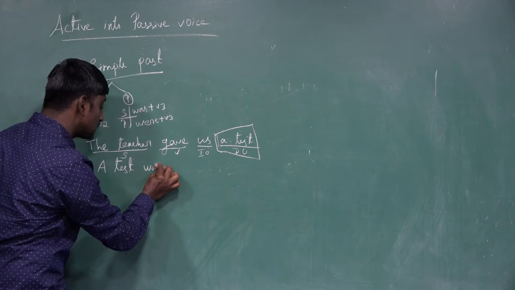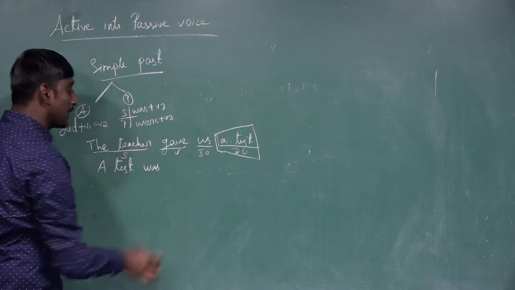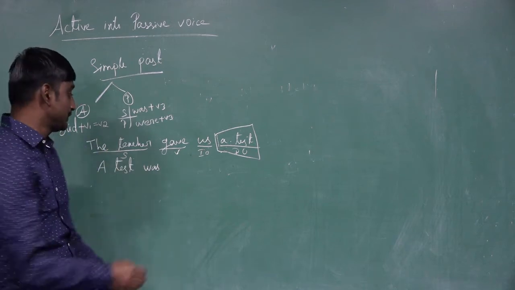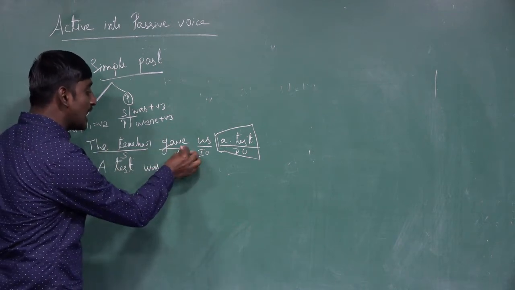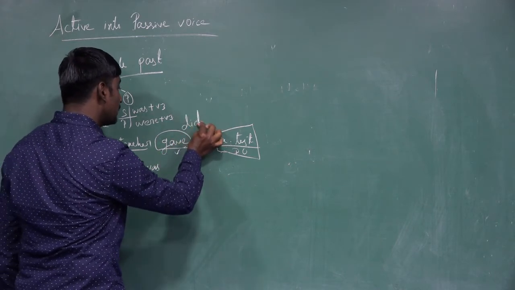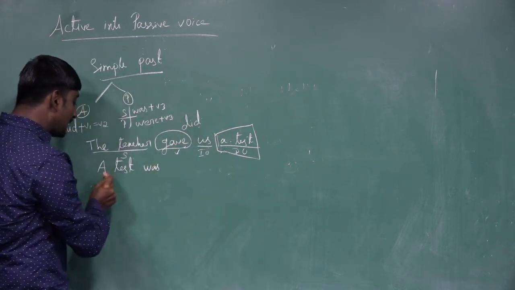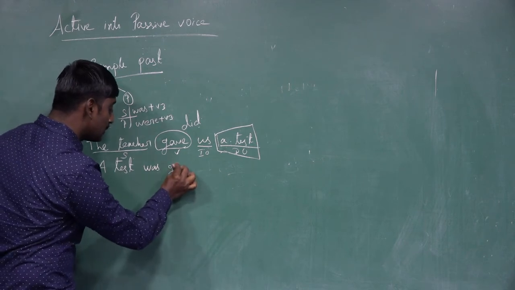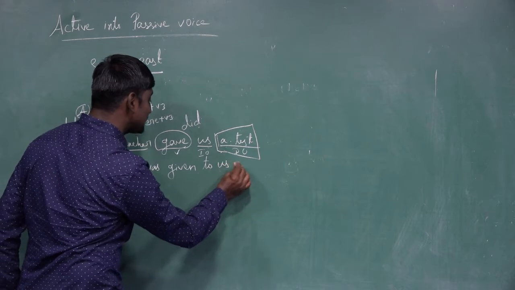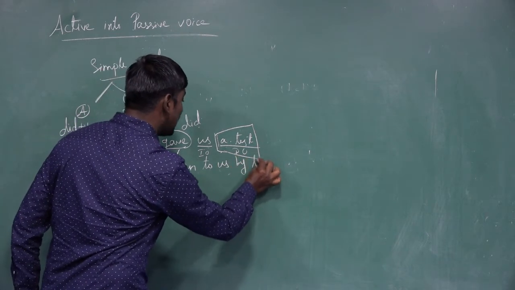A test was. What is the verb given? The forms are give, gave, given. What is the auxiliary hidden here? The did. So a test was given to us by the teacher.